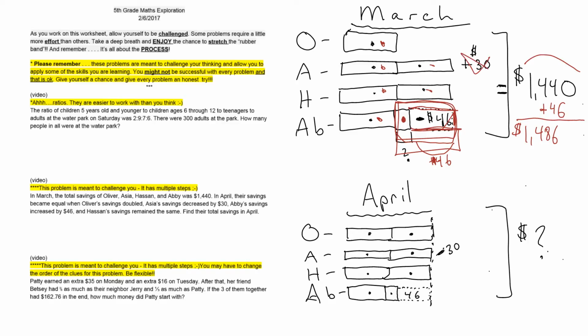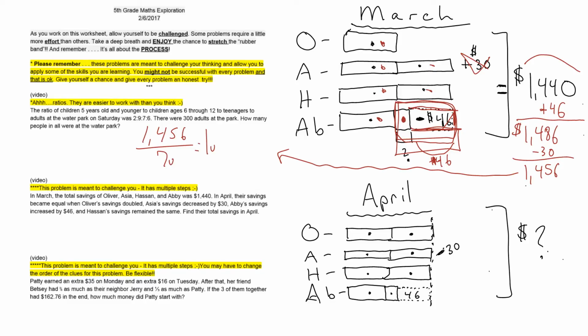Well, we get rid of our 30, and that leaves us with 1,456. And just to give myself a little bit of room, we're going to mosey on over here, and now we're going to take a look at 1,456 being worth 7 units, which means 1 unit is going to be worth $208.